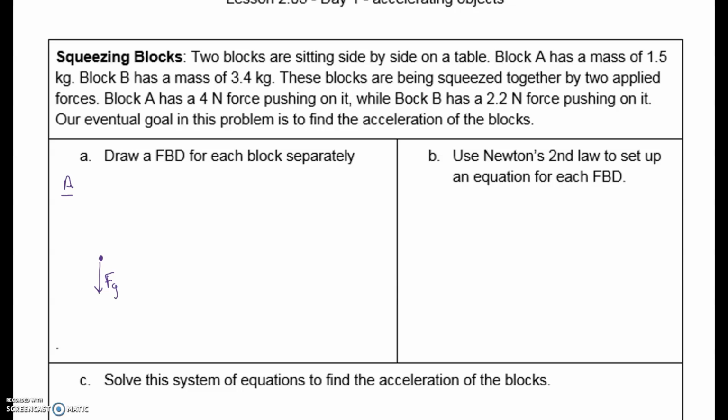And then we also have a normal force straight up. I drew them the same magnitude because our blocks are accelerating horizontally only, not vertically at all. So vertically my forces have to cancel out.